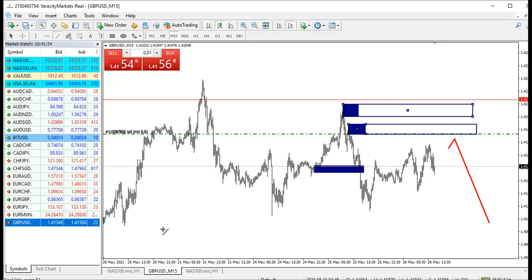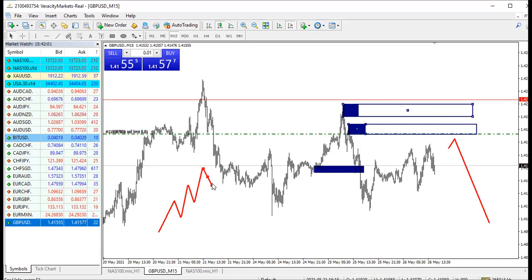You see, the market will do this. It will form a higher high, a higher low, a higher high, and a higher low. Then it will form something like this. Then we'll expect the market to continue with the same trend.